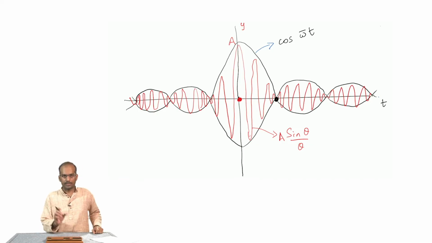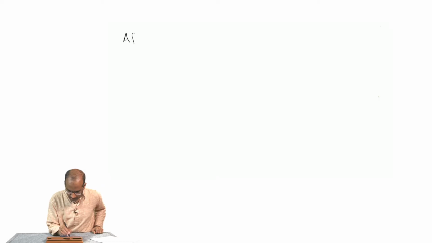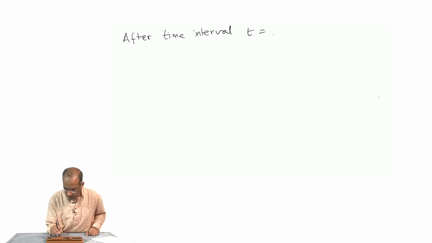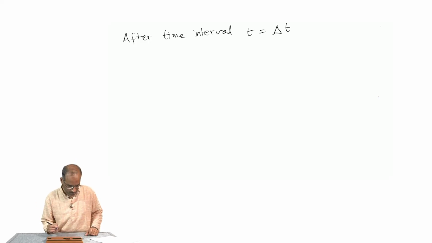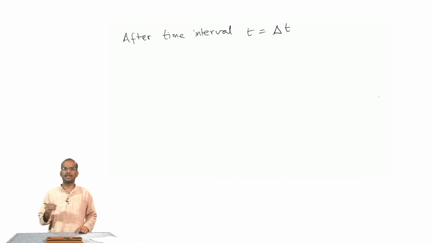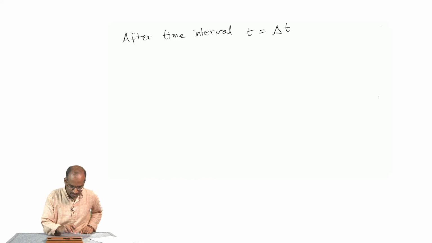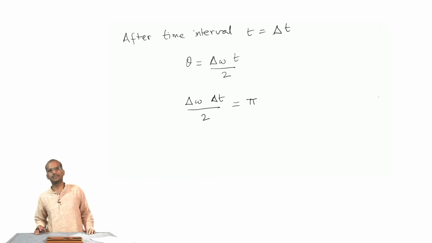Now, let us calculate this time interval after which the amplitude goes to 0. So, let us say that after a time interval of t equal to, let us say, some delta t, the amplitude goes to 0, and this will happen provided that sin theta is equal to 0, which is basically a statement saying that sin pi is 0.